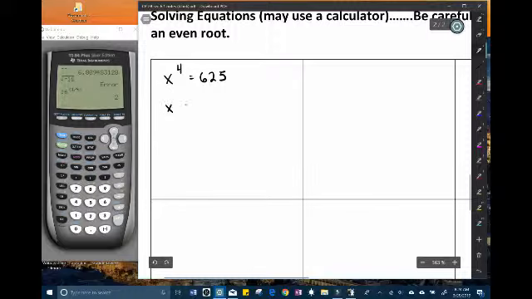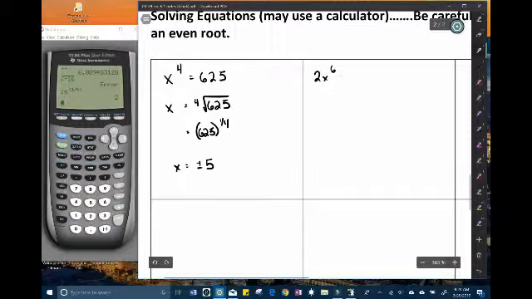That just means take the 4th root of 625. You can also think of that as 625 to the 1/4. And in that case, you have x is equal to plus or minus 5. Plus or minus, just remember those.